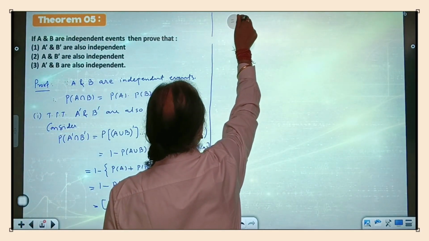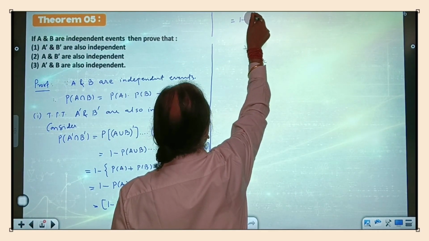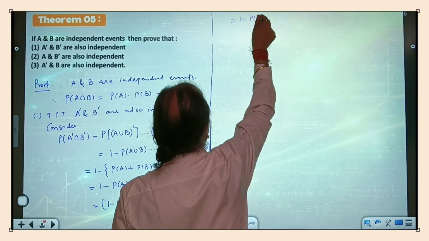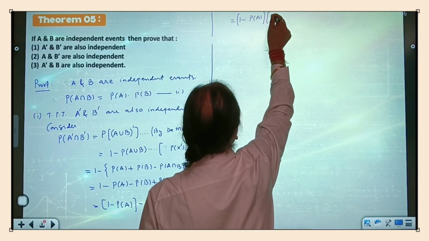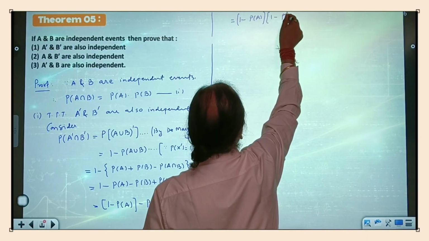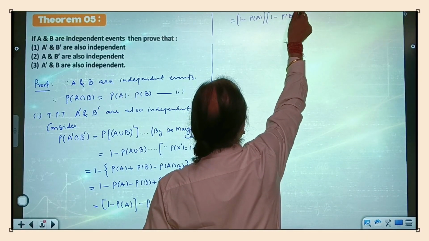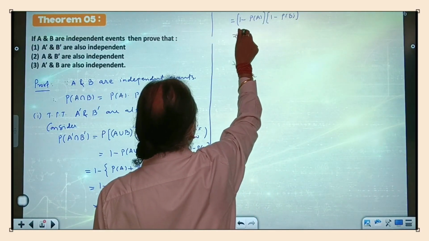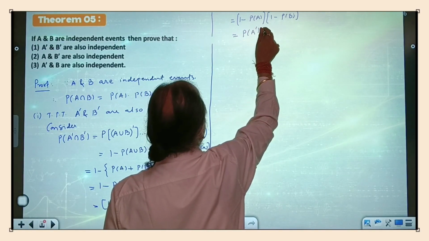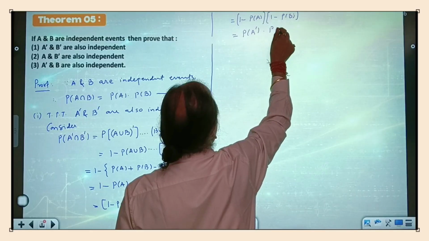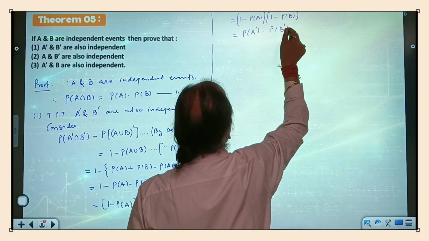Now 1 minus P(A) common, so in bracket you will get 1 minus P(B). 1 minus P(A) is what? P(A complement) into P(B complement).